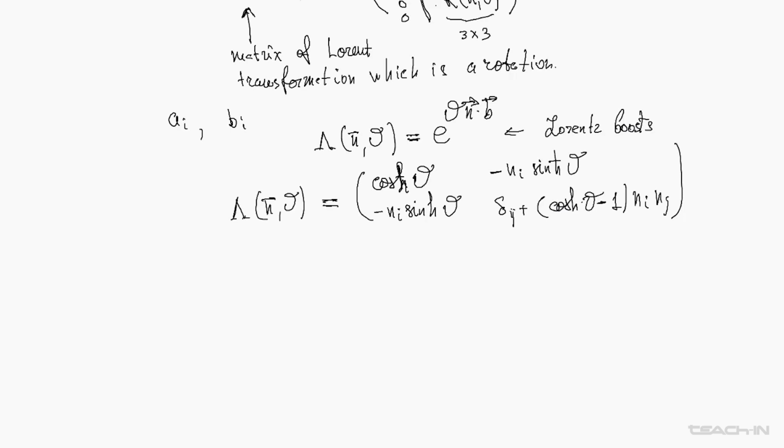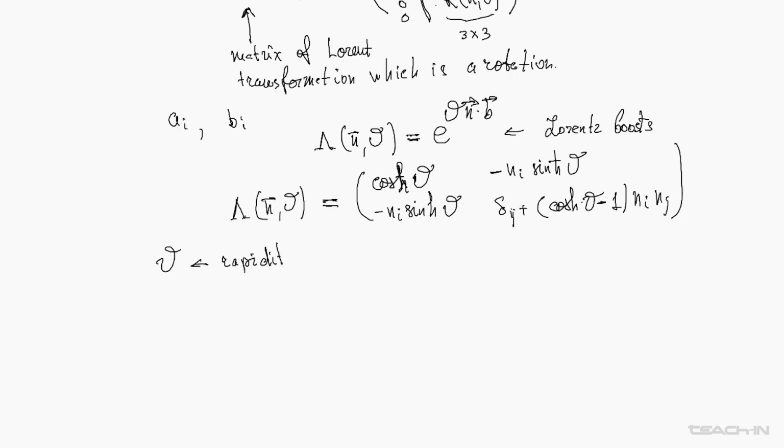The variable vartheta is usually called rapidity because it will be related to the velocity with which we boost our Lorentz system with respect to the reference system. So rapidity, that's the name for this variable.